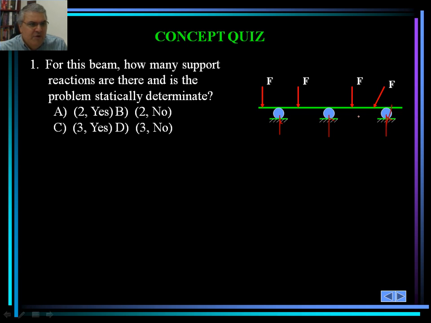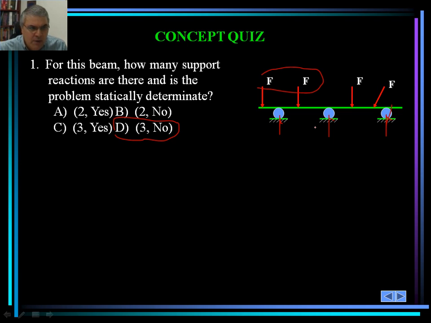There are three reactions. There is a force F. Depending on whether the F is known or unknown, the answer is that we have three unknowns. Assume the F is known. Otherwise, if the F is unknown and all the reactions are unknown, what is it that we are trying to find here if everything is unknown? So the answer is 3, and no, it is not statically determinate.